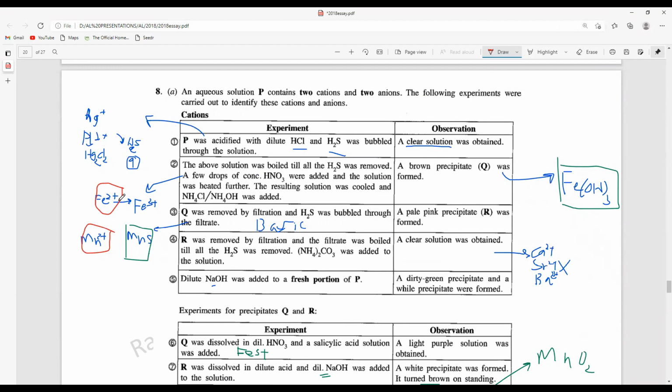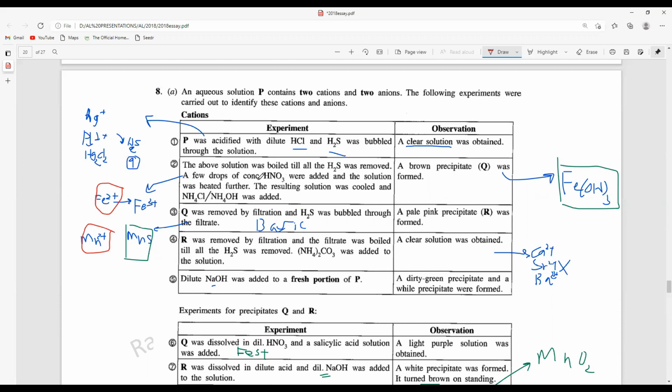So if you want to elaborate more, you can tell that when you add NH4Cl and NH4OH, you are expecting to precipitate this Fe3+ as ferric hydroxide, which gives you the idea why we add conc HNO3: because the Fe2+ concentration is not enough to be precipitated as ferrous hydroxide, because it needs to exceed its Ksp value.